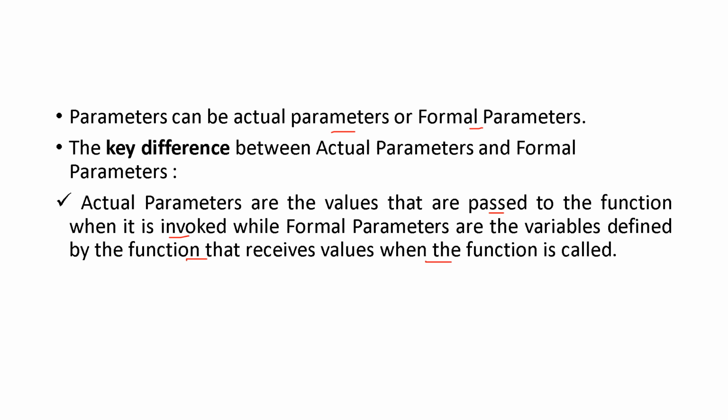So I'll give a point to remember what actual and formal parameters are. Function's parameter is formal parameter. See, function's parameter, so just concentrate on the F. Function's parameter is formal parameter. And we call the function in the main, right? So those parameters are known as the actual parameters, because main is very important.